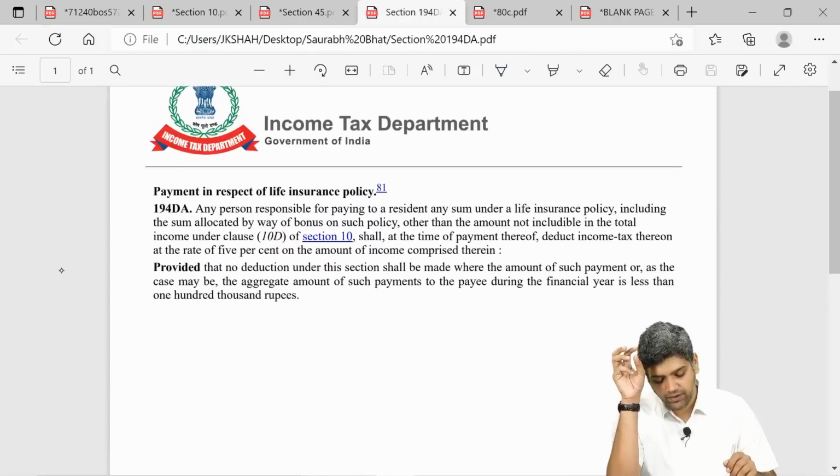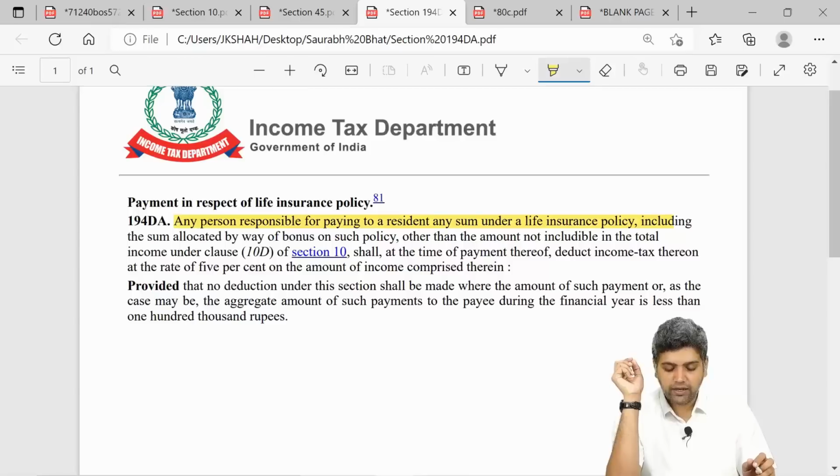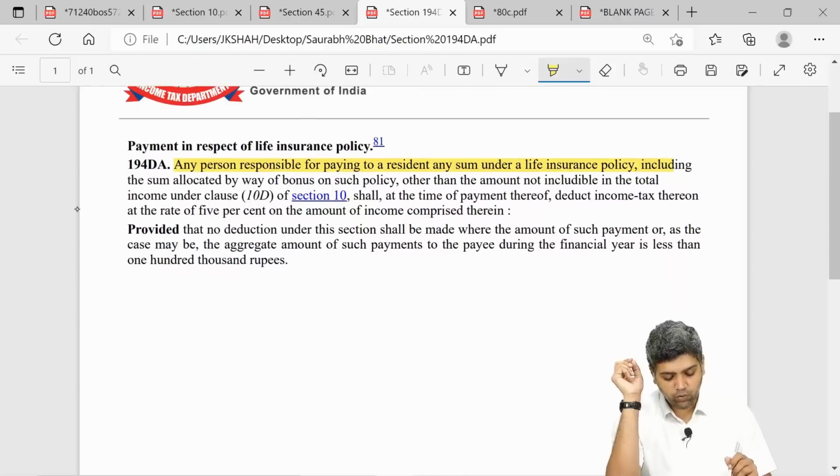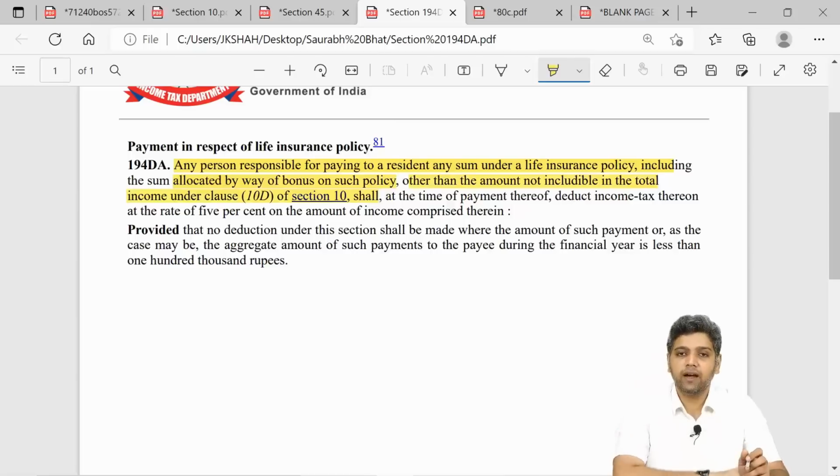If you look at the provision on the screen, it says that any person responsible for paying to a resident any sum under a life insurance policy, including sum allocated by way of bonus on such policy, so whatever amount you are paying, other than the amount not included in total income under 10 clause 10D.